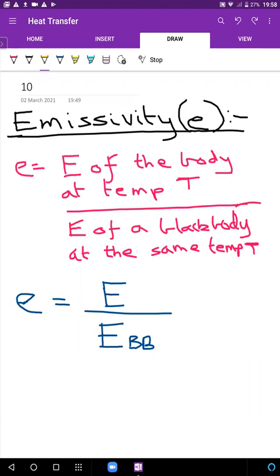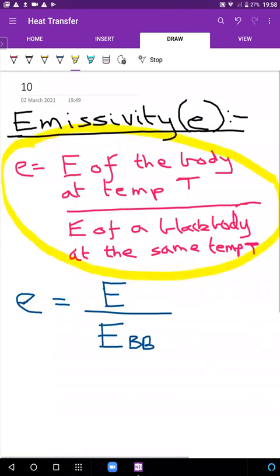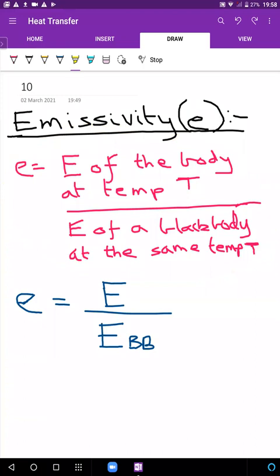So all I'm saying right now is that emissivity is going to be a number typically between 0 and 1, but allow me to prove that. Looking at this definition, it doesn't seem like it should be between 0 and 1. For now I have just defined it. Ahead, with some logical arguments, we'll prove what emissivity actually means and how it's going to be something less than 1.